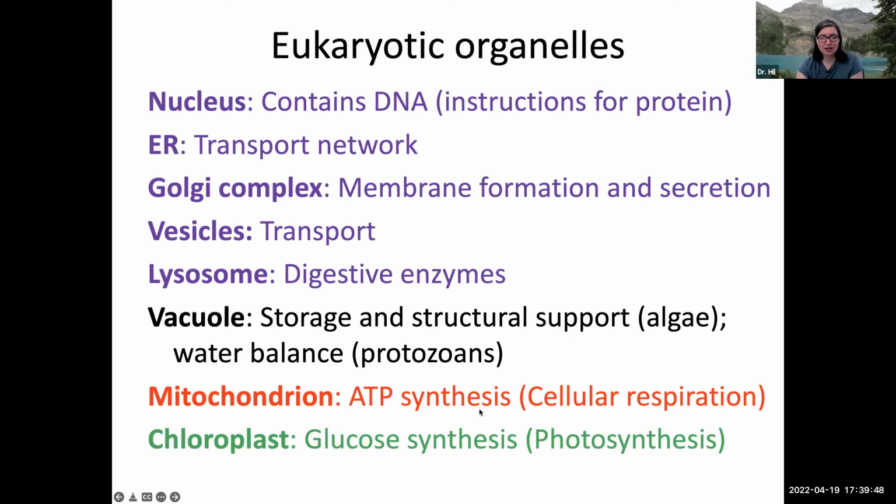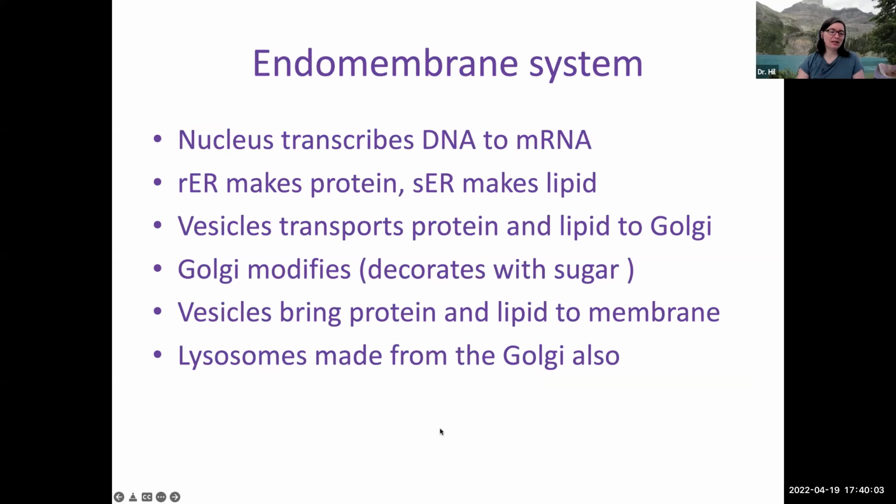Chloroplasts make ATP, but that ATP is then used to further synthesize glucose. So we're going to begin by talking about the endomembrane system and giving you a sense of the function of each of the members of this system and how they're connected to each other.